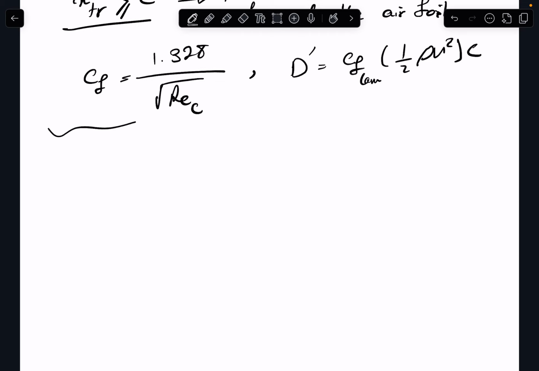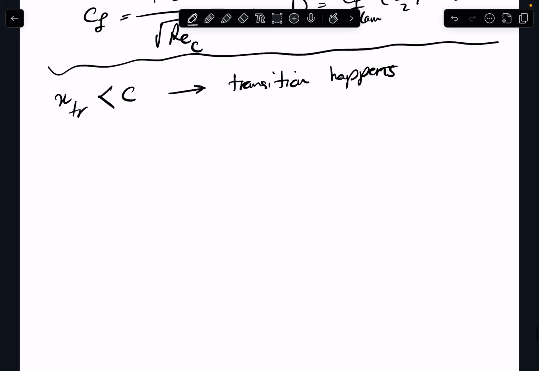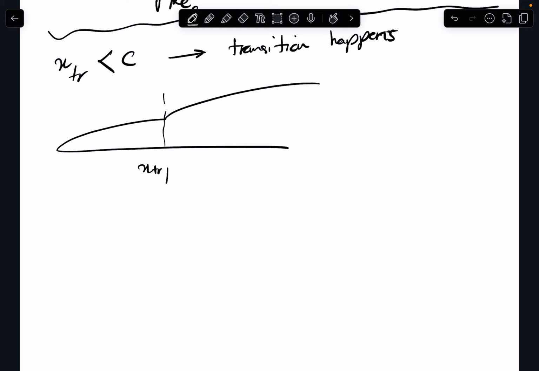The last scenario is the most complicated one, where the transition happens on the plates. Which essentially means that we have two different regions on our plates. We start with the laminar boundary layer, and then transition happens at X transition to turbulent boundary layers. Our solution is going to have three different steps itself.